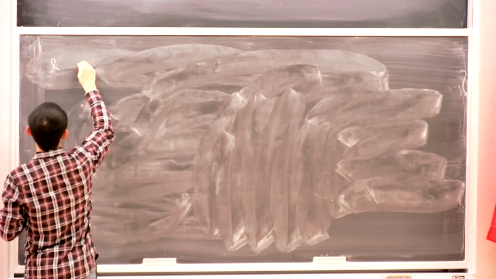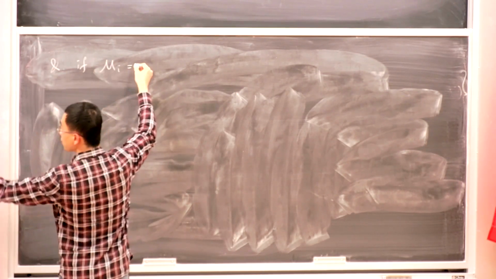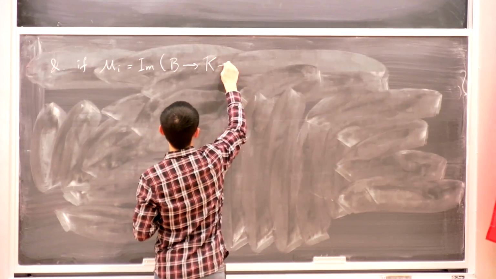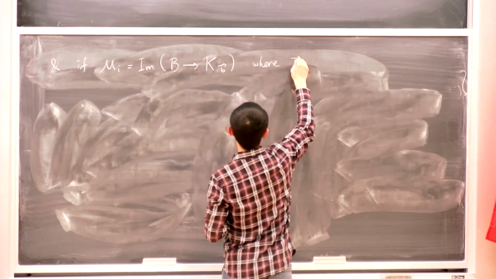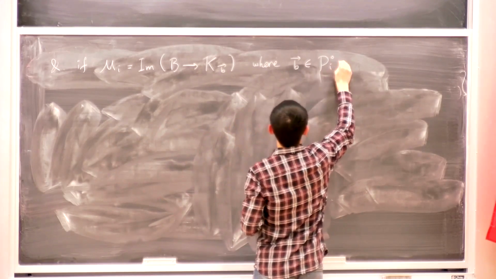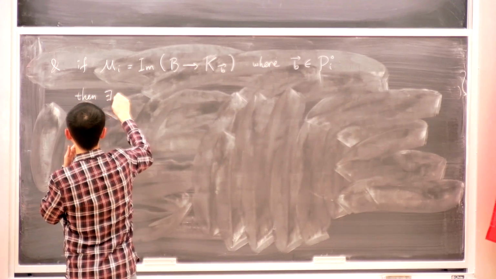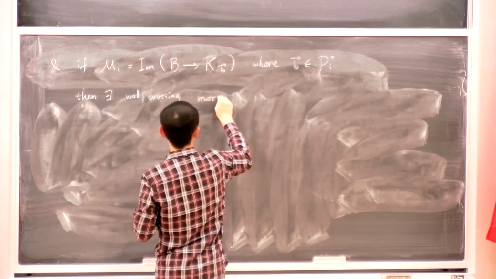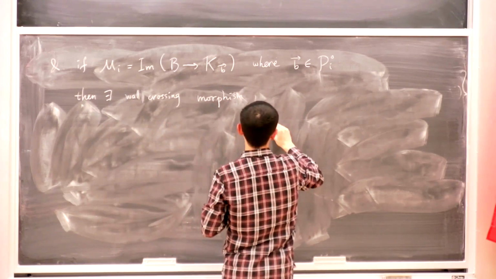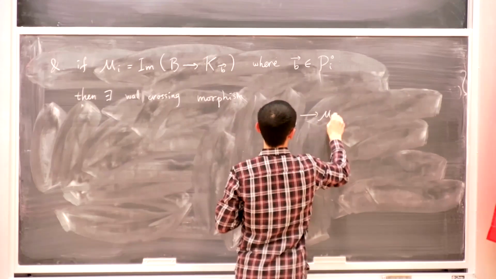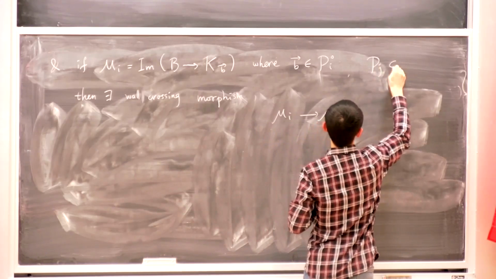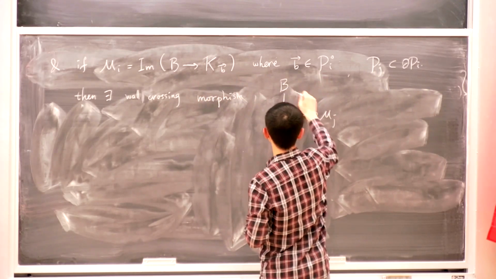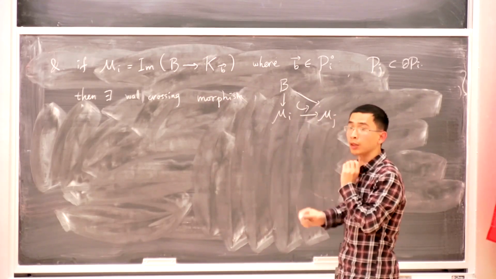If I call M_i the image of this map, where again b lies in the open chamber, then there exist these wall crossing morphisms between M_i and M_j, and if j is a face, then you get these wall crossing morphisms, and of course they commute with this reduction. Okay, so that's the entire statement.